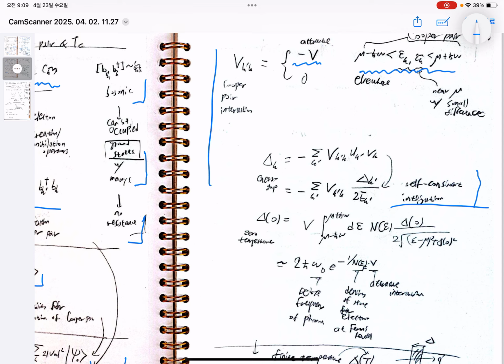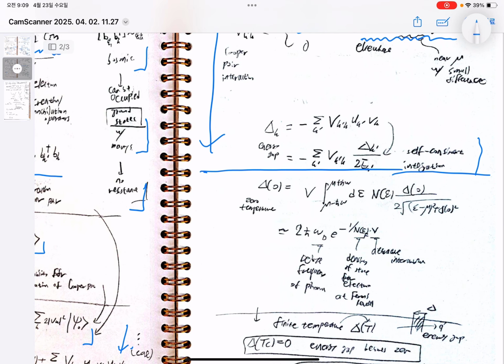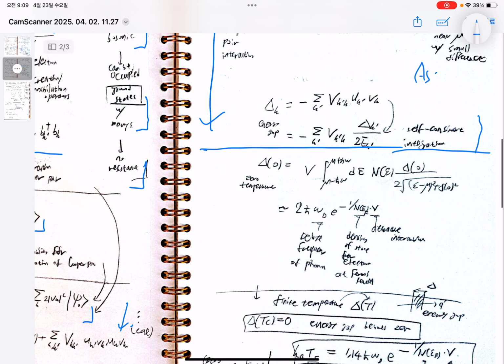This is just the calculation process, and you can find the detailed calculation in some quantum field theory or statistical physics textbooks.